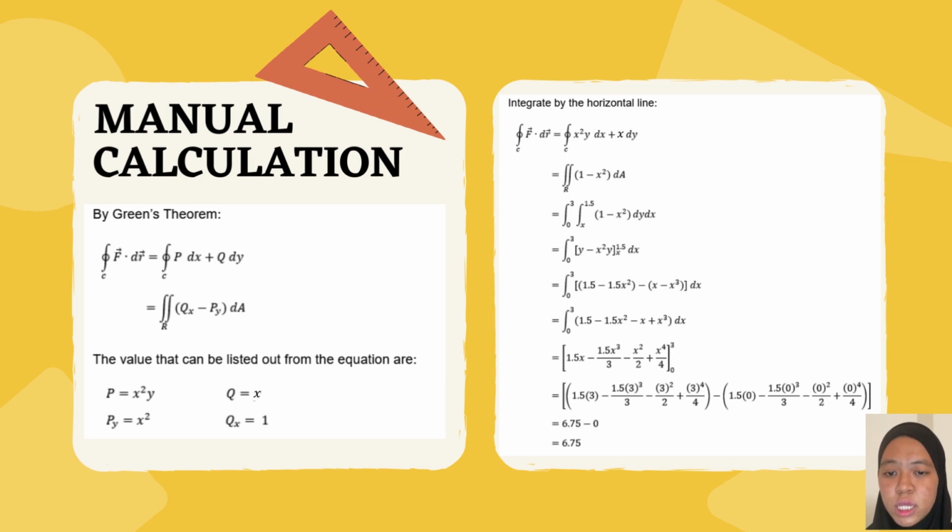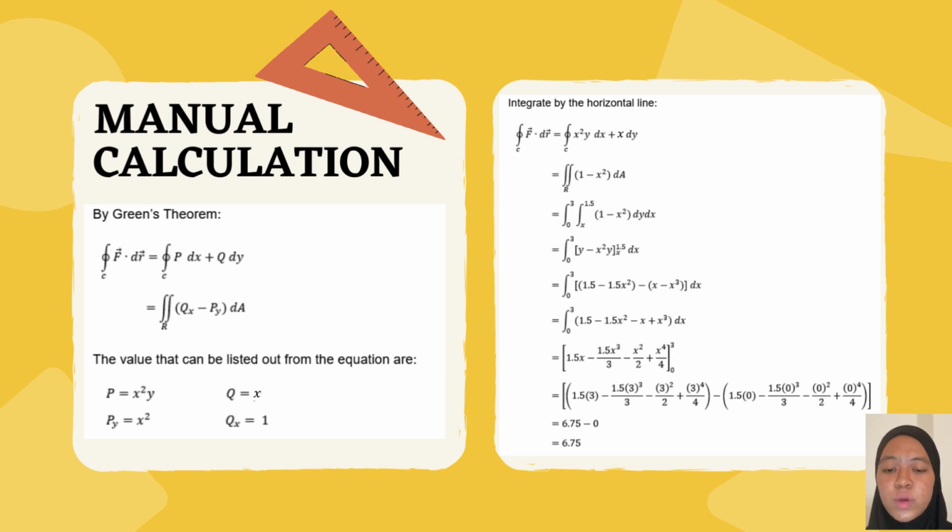So, firstly, we integrate step by step. First, we integrate with respect to y and we get y minus x squared y, and we substitute the limits and get 1.5 minus 1.5 x squared minus x plus x cubed dx.